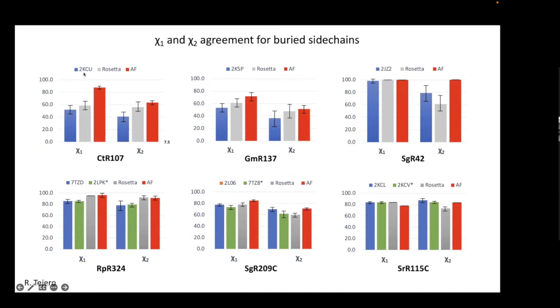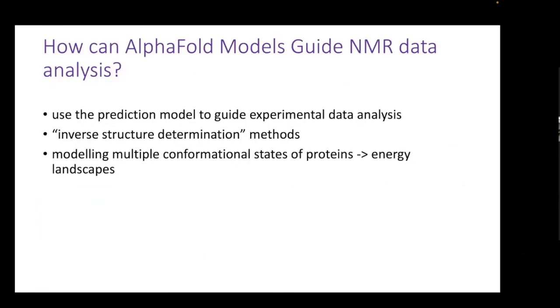For either the crystal structure, the NMR structure with Rosetta refinement, or the AlphaFold structure. And we're comparing against the crystal structure. What we see is that the agreement of the Chi-1 rotamer states is pretty good for these NMR structures, but it's even much better for the AlphaFold structures. The general conclusion is that for Chi-1 and Chi-2, the buried rotamer states have Chi-1 and Chi-2 values that are as accurate or better than those of the experimentally determined NMR structures.